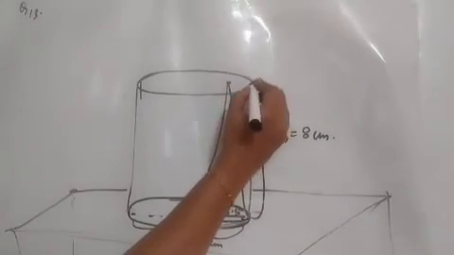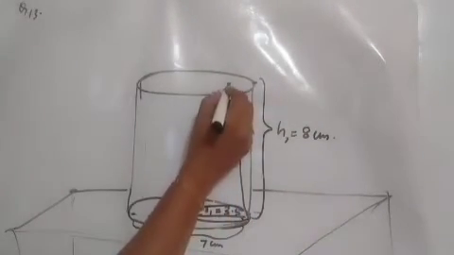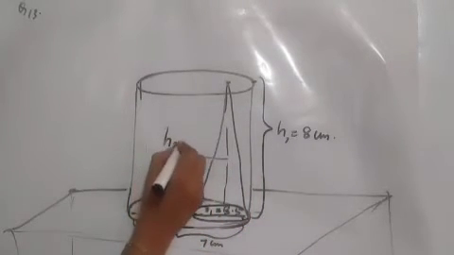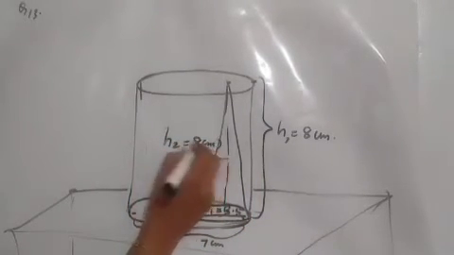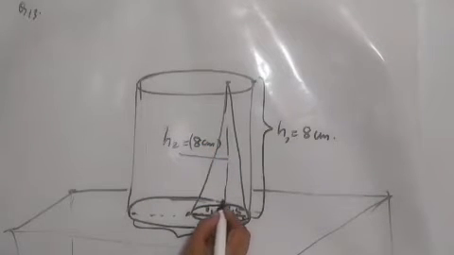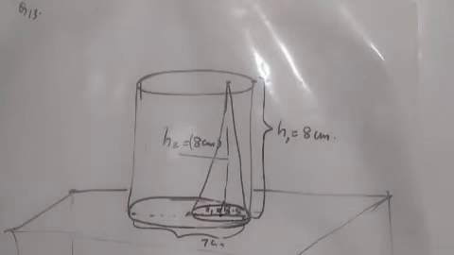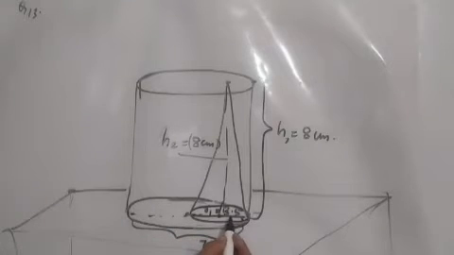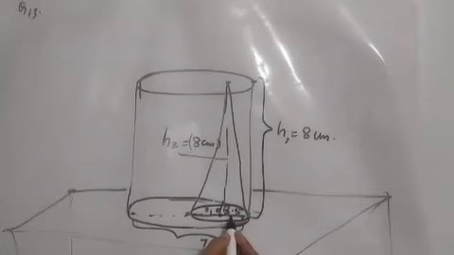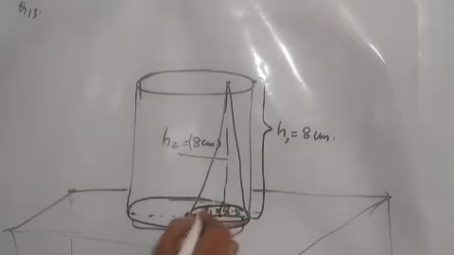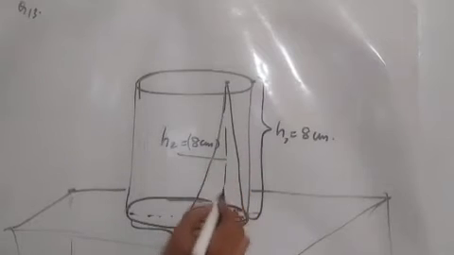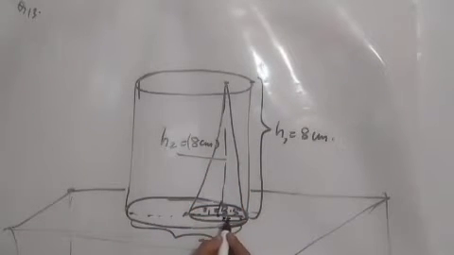Total height of the cylinder is the same 8 centimeter, and that of this cone also, h2, we can mark 8 centimeter. The diameter of the cone is 3.5. So what is the radius of the cone? It's half of it, no? Yes, 3.5 divided by 2 is the radius of the cone.